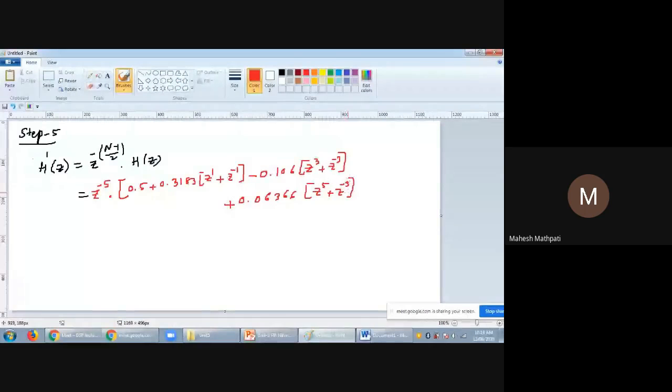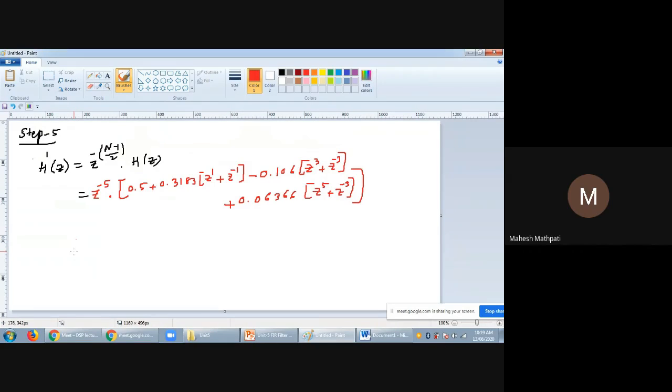Okay, so let me close this part. Any difficulty here? No, sir. Now, let us multiply that z to the power minus 5 inside the bracket.